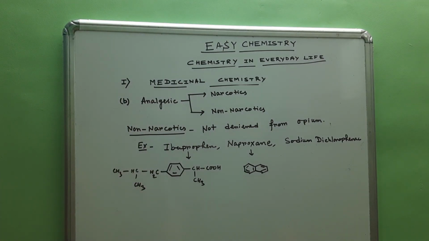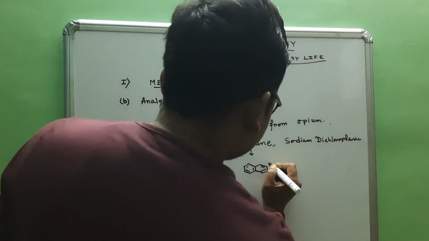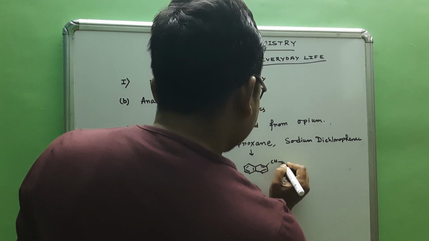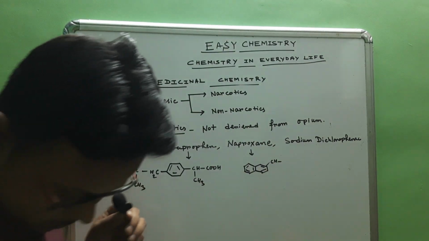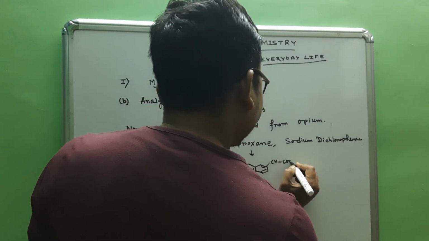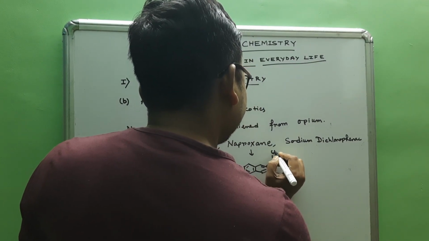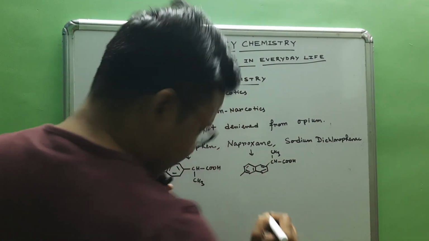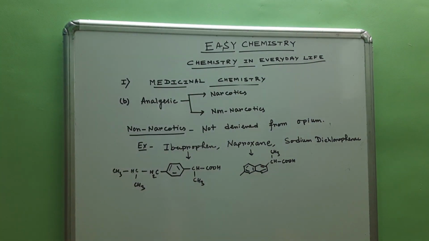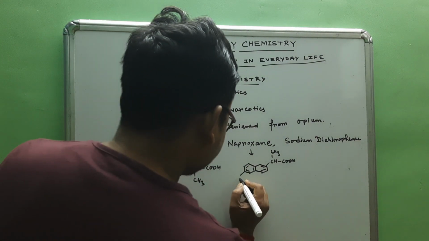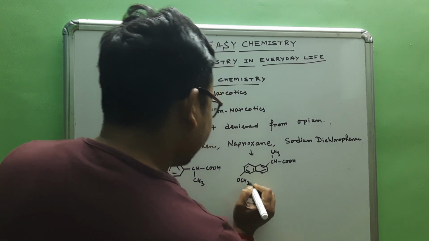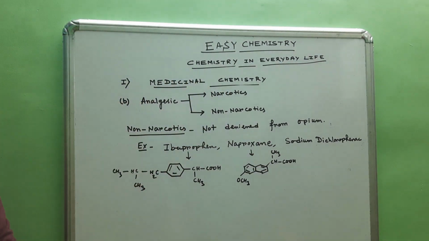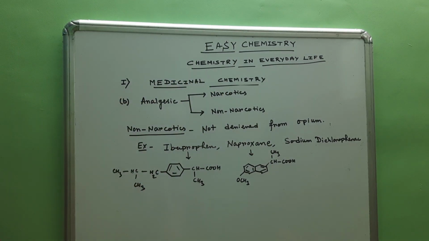It has CH, COOH, CH3, and here one group is present. This is OCH3, a methoxy group. This is naproxen.